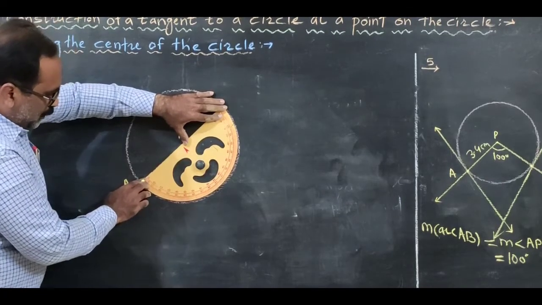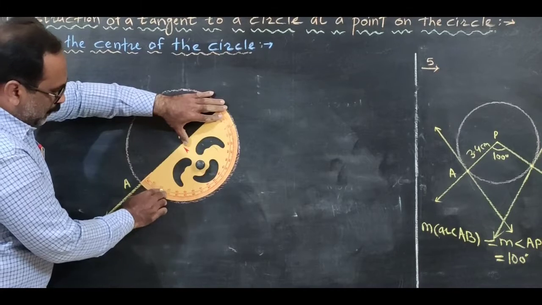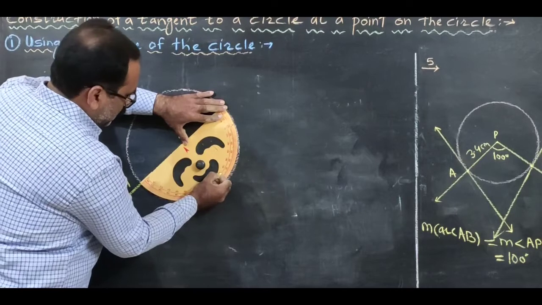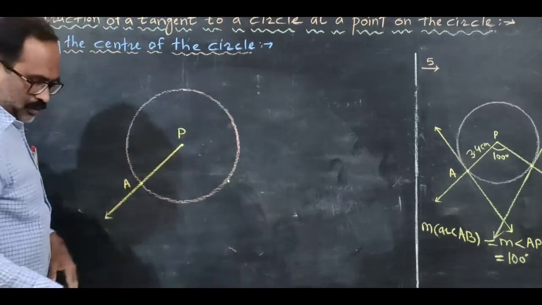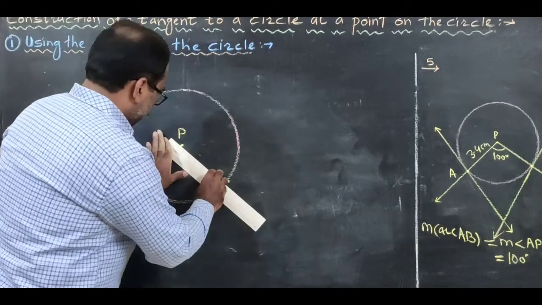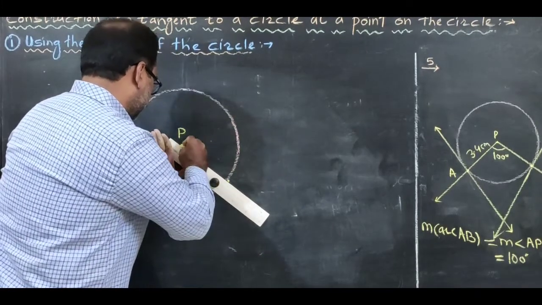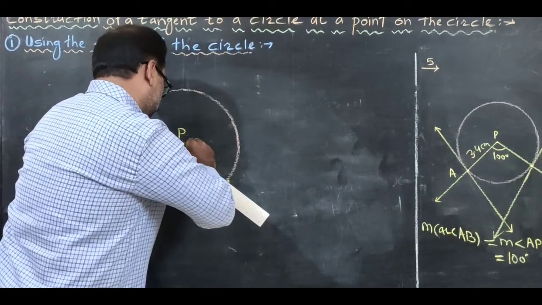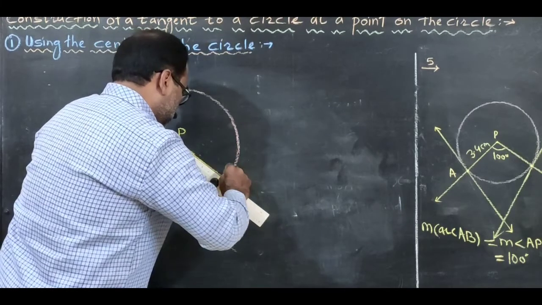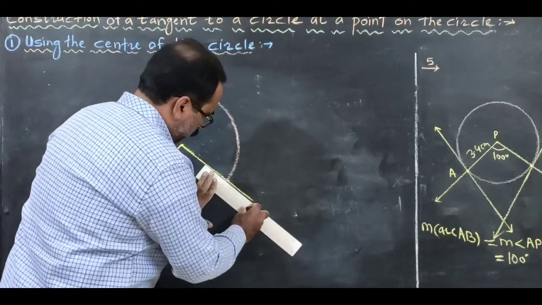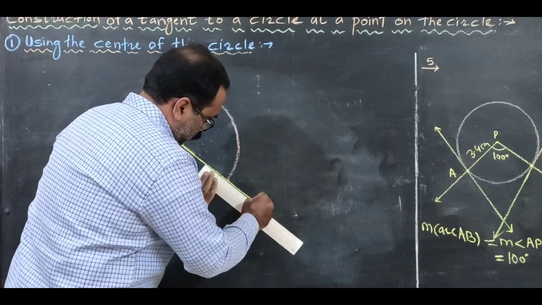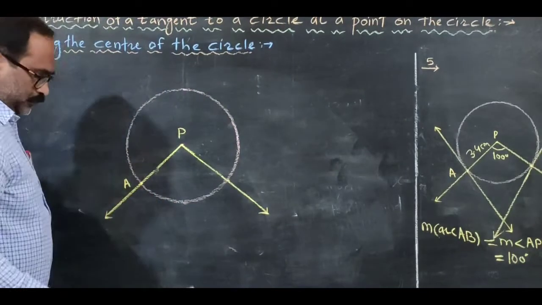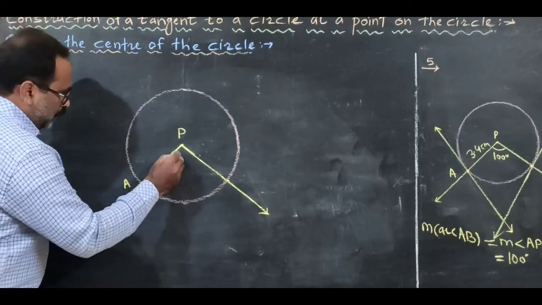We start from this 0, inner 0, 0, 10, 20, 30, 40, 50, 60, 70, 80, 90, 100. This angle is 100 degree.